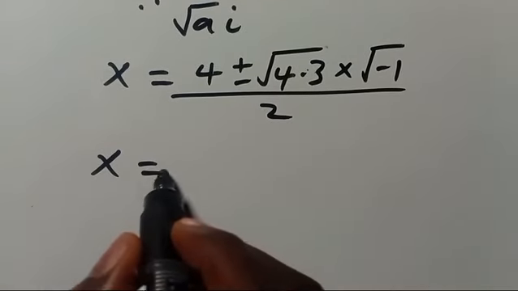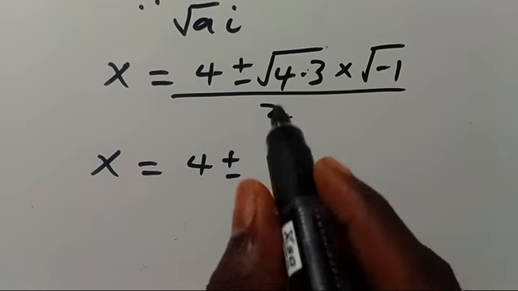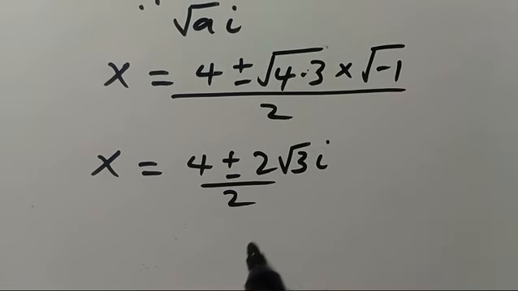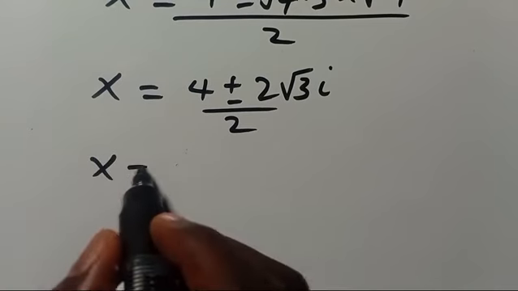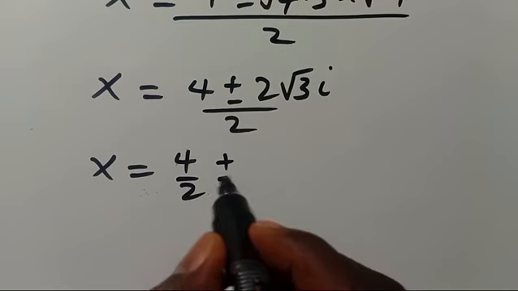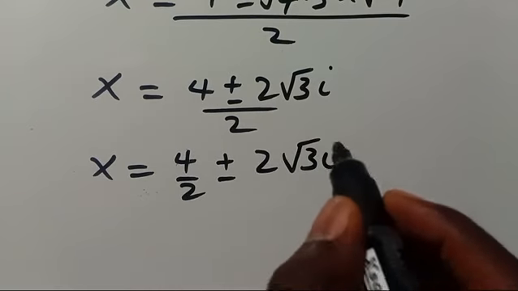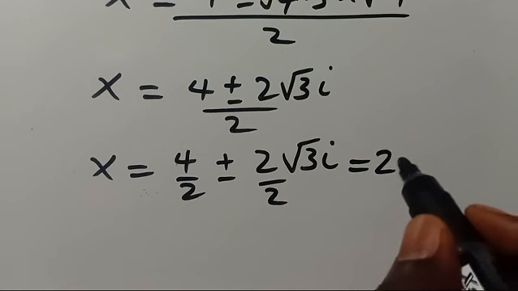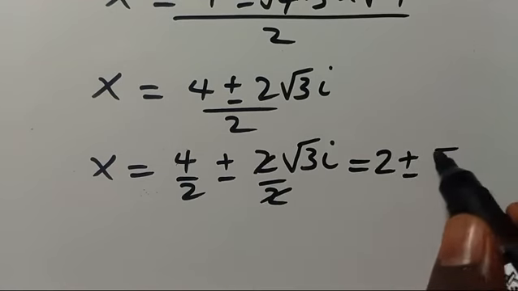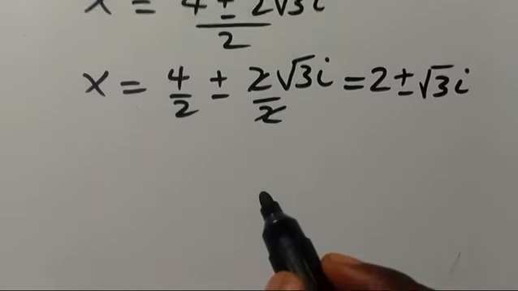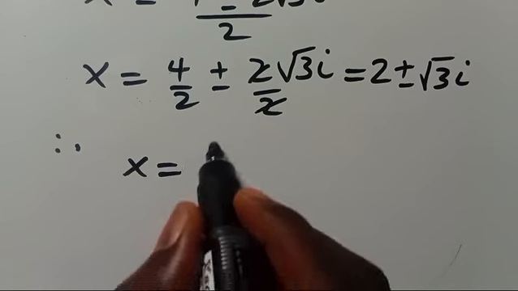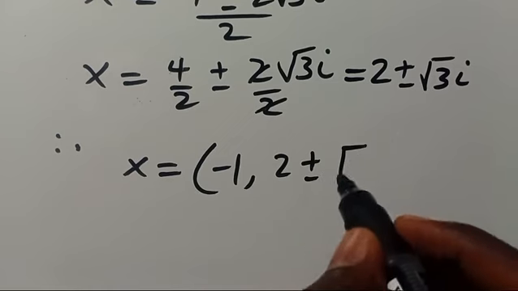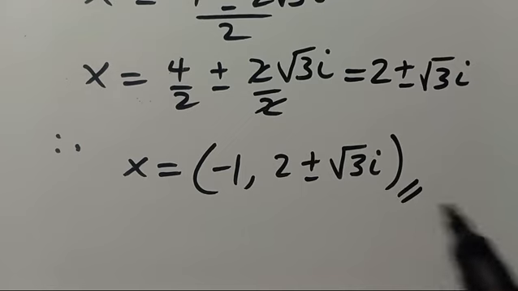So we have x equals 4, positive or negative, root 4 is 2, multiplied by root 3, root of minus 1 is i, divided by 2. So when we divide 4 by 2, this will be 2, positive or negative 2 root 3i divided by 2. So we have this to be 2, positive or negative, this will cancel out this, we have root 3i.